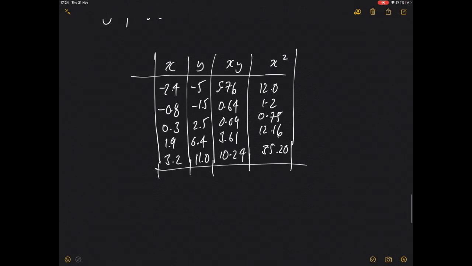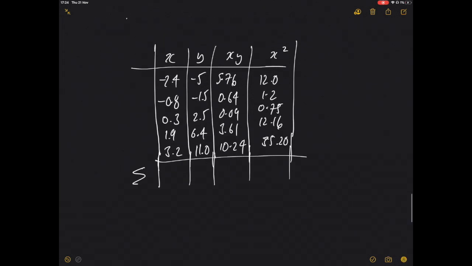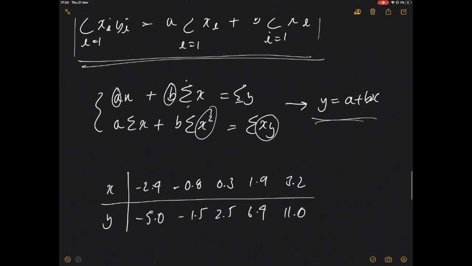Great. In this equation we actually want the sum of these, our sigma values. So we add all these up, and the answers are 2.2, 13.4, 20.34, and 61.31.